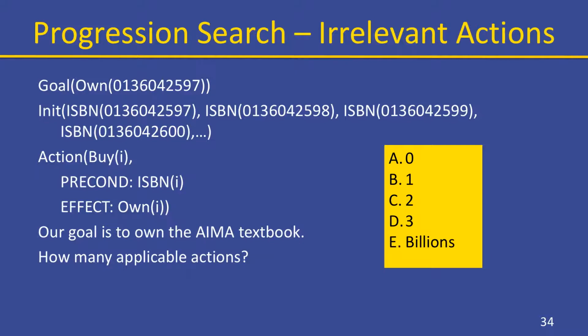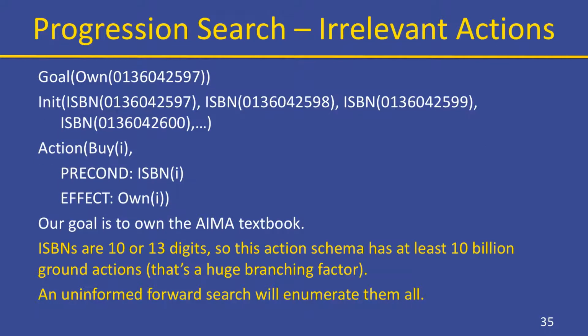And the answer is we would have billions of applicable actions because ISBNs are 10 or 13 digits long. So this action schema has at least 10 billion ground actions. That's a huge branching factor for our search tree.